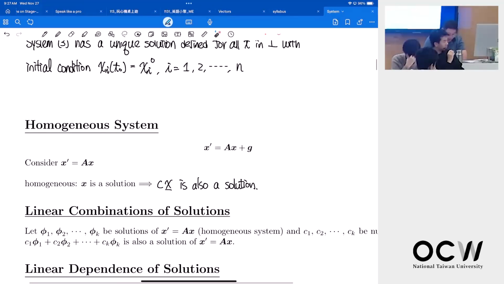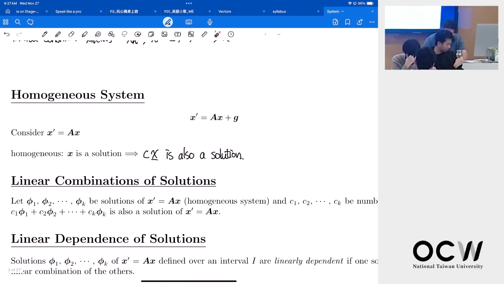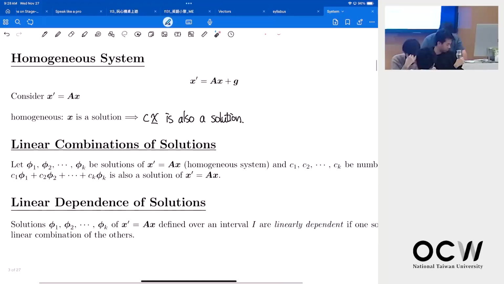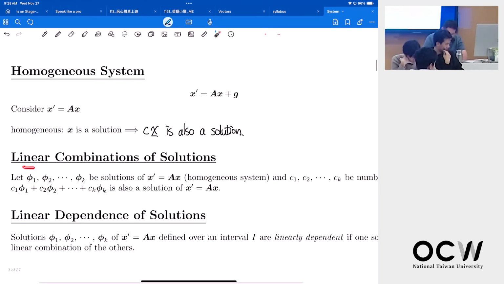Before we find a solution, we also need some pre-knowledge. Similar to what we learned at the beginning of this semester, first we need to learn what a linear combination of solutions is.